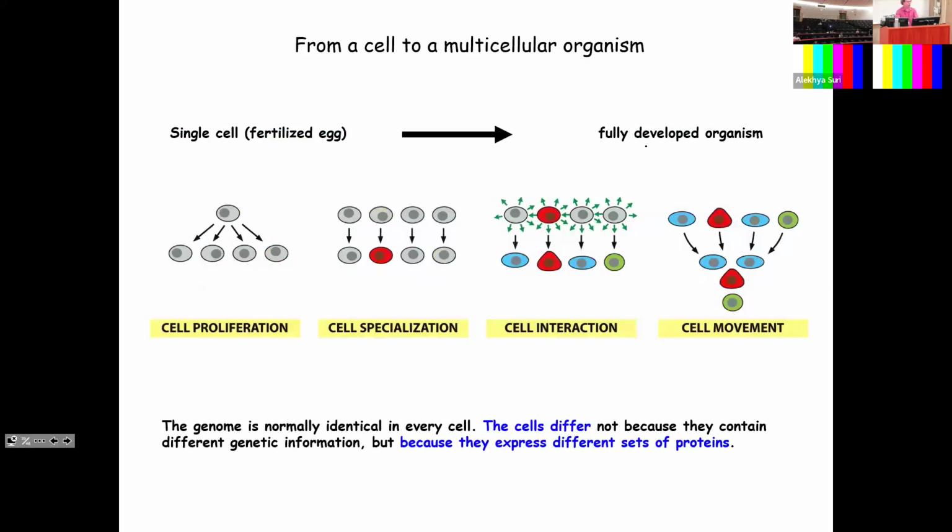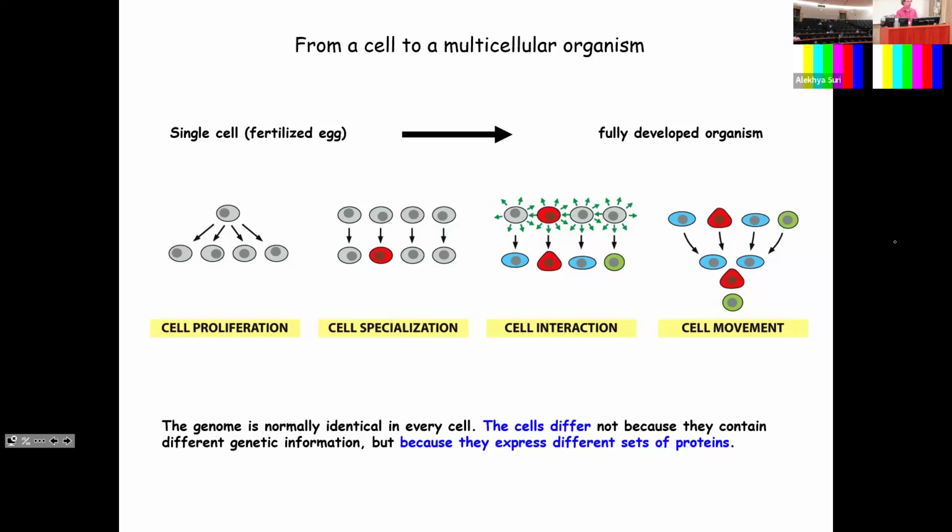Okay? Another principle that I would like to discuss with you is how do we go from one cell into a multicellular organism? How come they are different? For example, in identical twins, if the genetic information is identical, how come they are different?